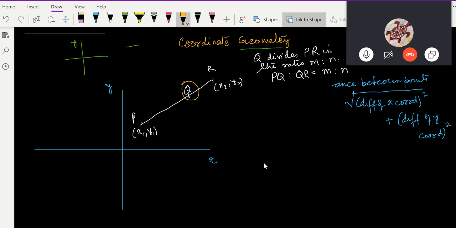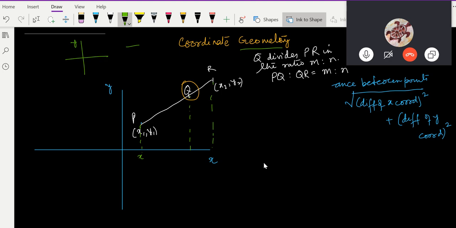We can take out using the first, we can... no wait. See, remember one thing, when you are dealing with any figure in coordinate geometry, all you have to do is to always relate it to the respective coordinates, which means these points.